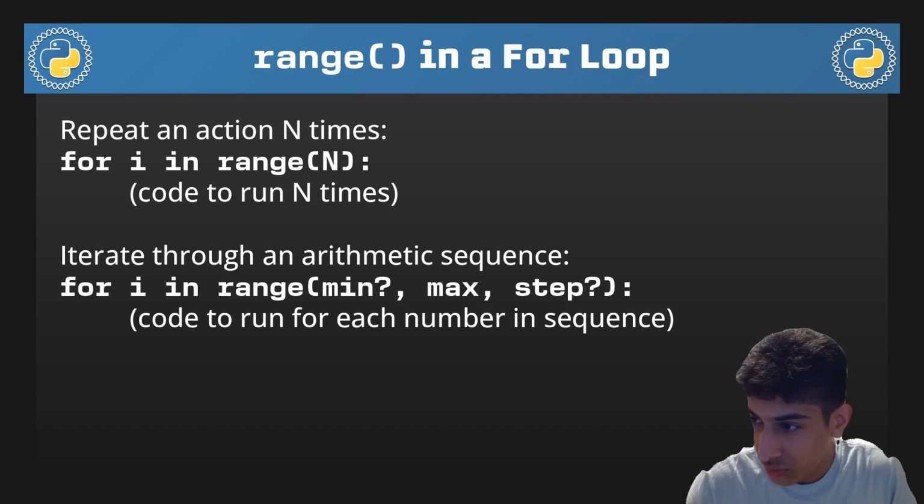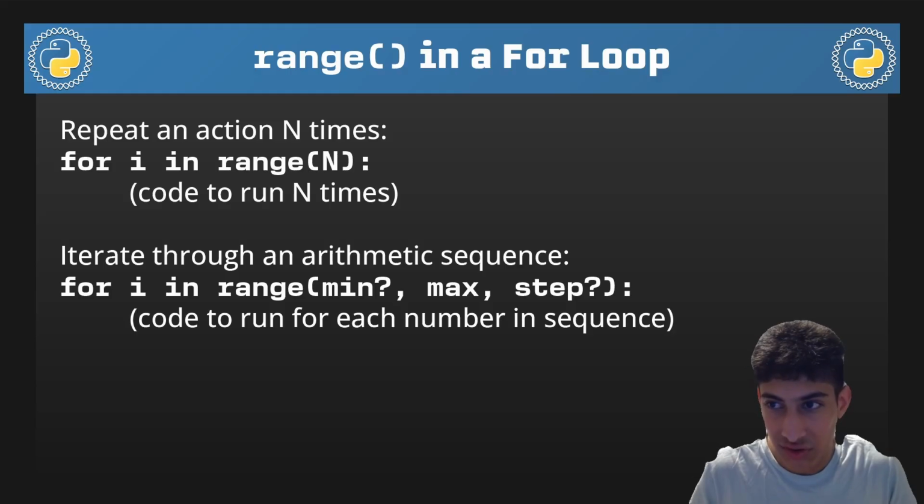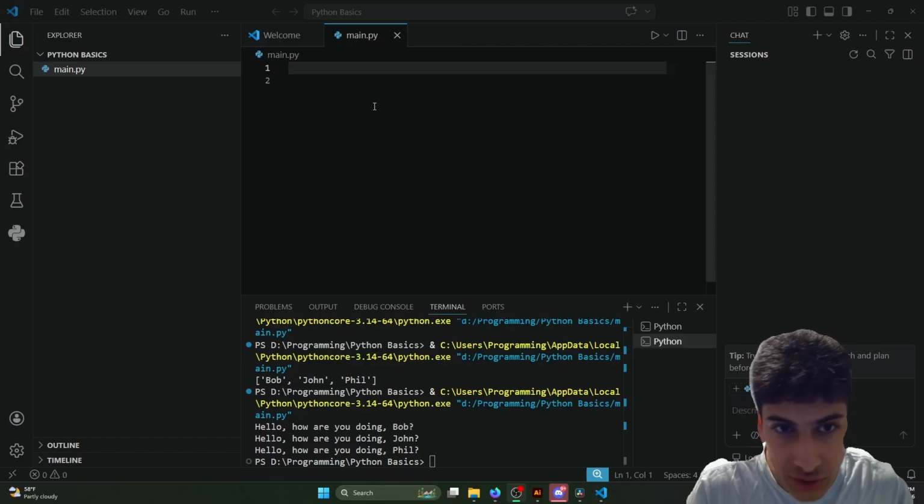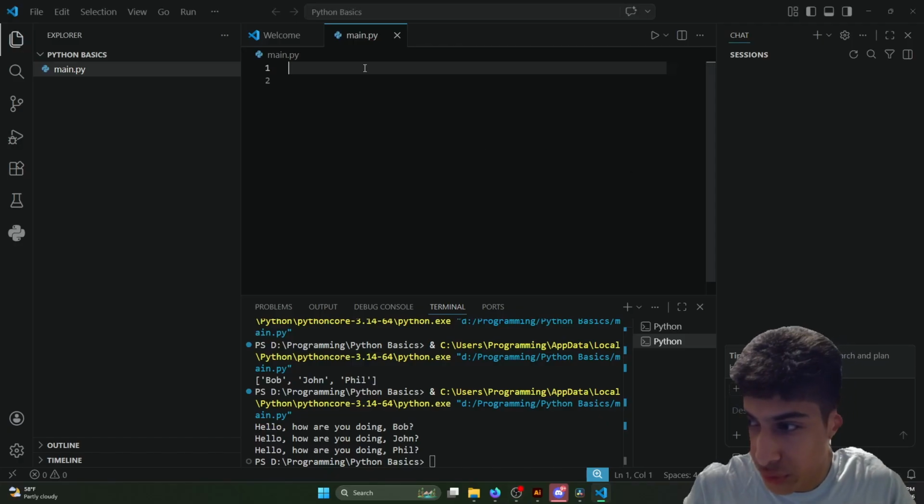And we can also iterate through an arithmetic sequence that we create using the range function, as shown in the second code snippet. So let's say we wanted to just say the word hello 5 times.